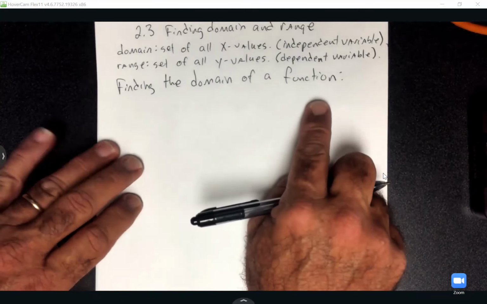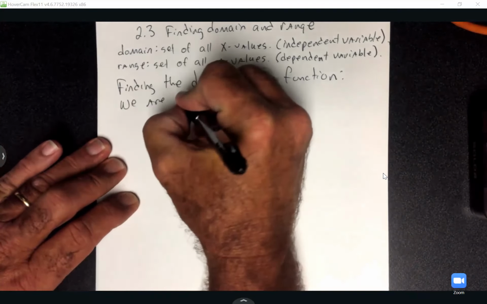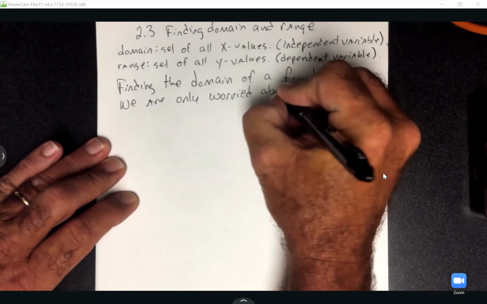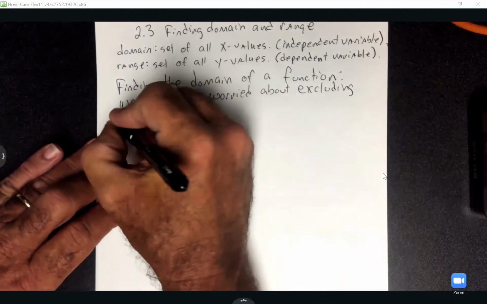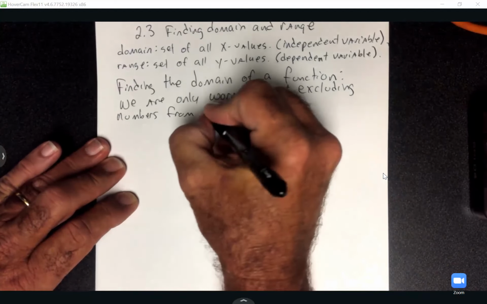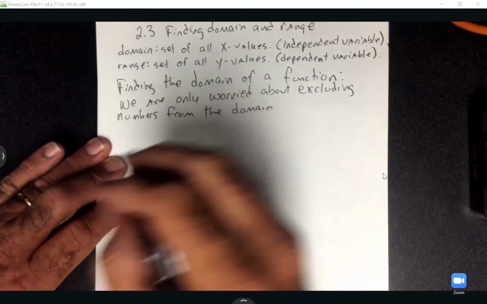But when we're looking at a domain, we're only worried about excluding numbers from the domain when we have fractions.